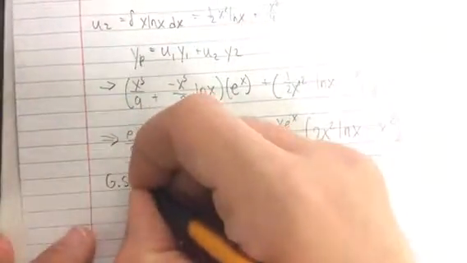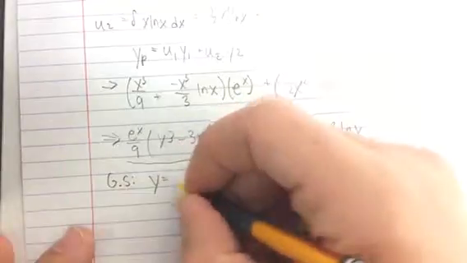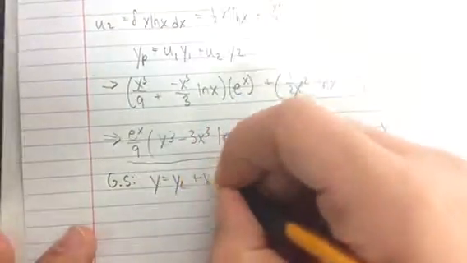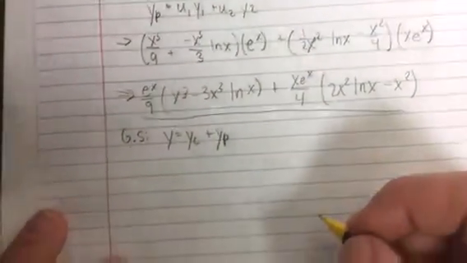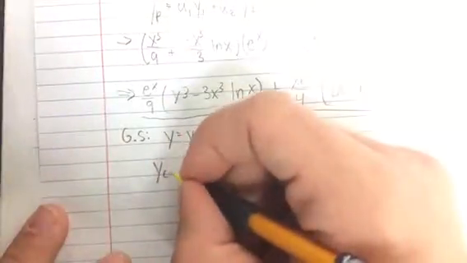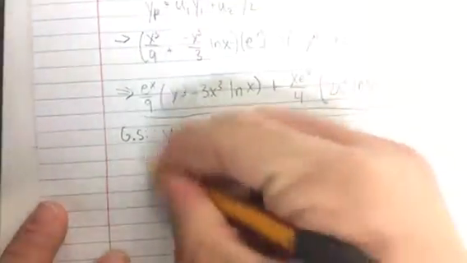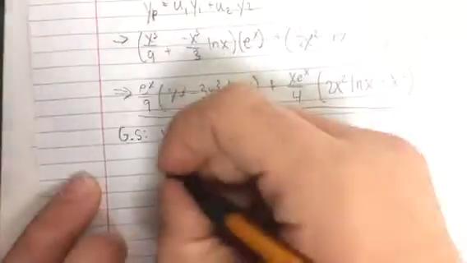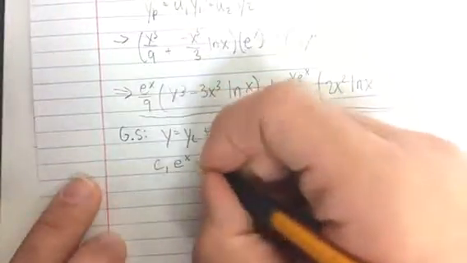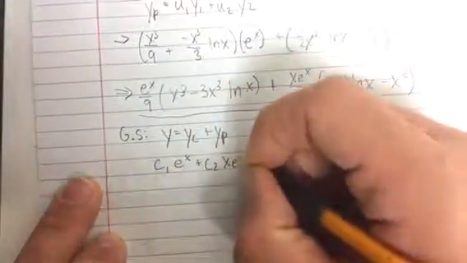Last step, general solution is y equals y sub c plus y sub p. Now we'll just plug in. We found that our y sub c earlier is equal to, I'll just go ahead and write the final answer, y sub c is equal to c1 e to the x plus c2 x e to the x.